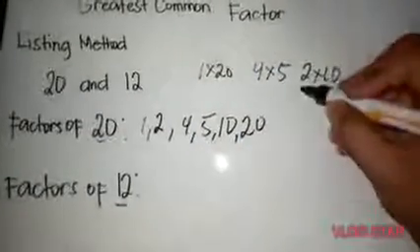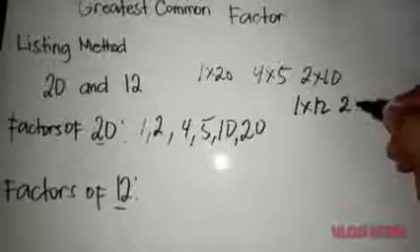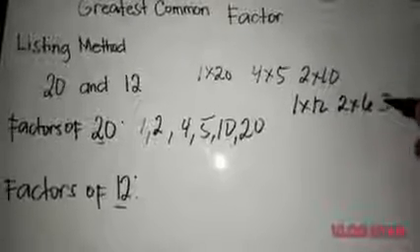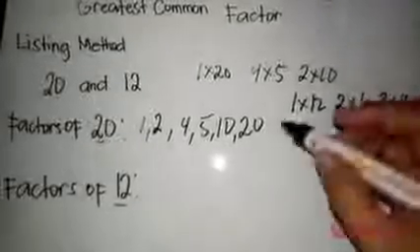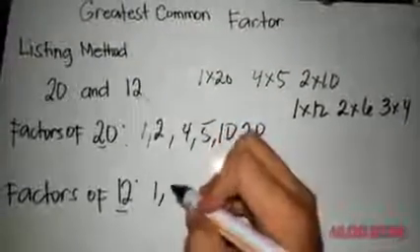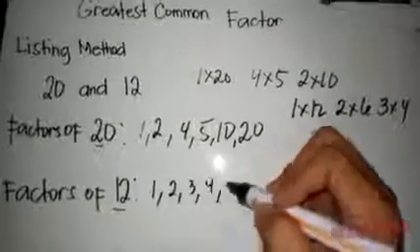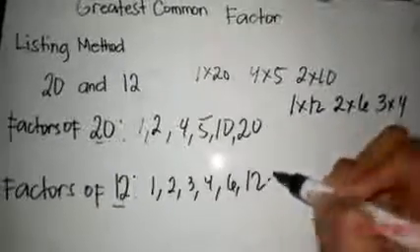Let's proceed to 12. So 1 times 12 is 12, 2 times 6 is 12, and 3 times 4 is 12. So arrange it in increasing order: 1, 2, 3, 4, 6, and 12.